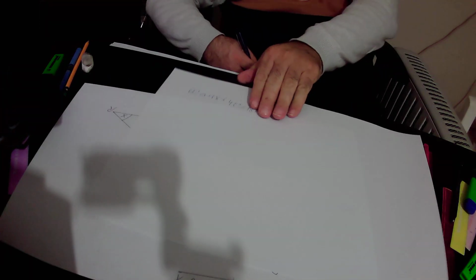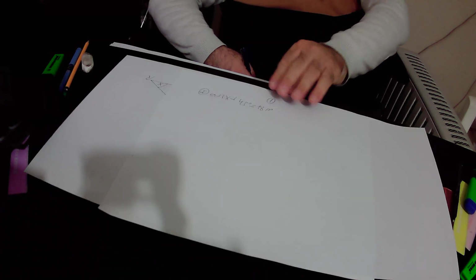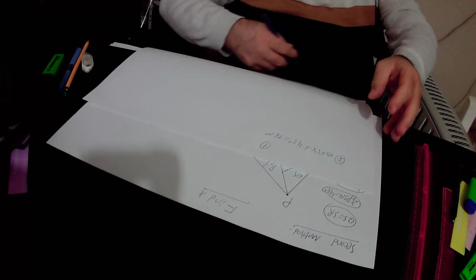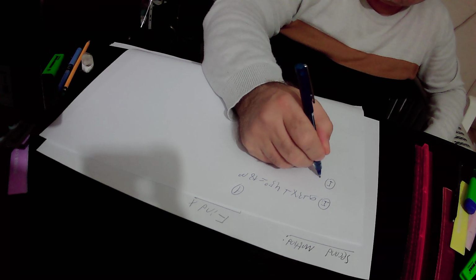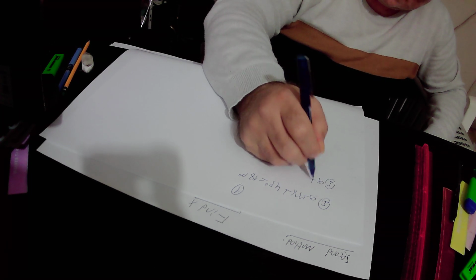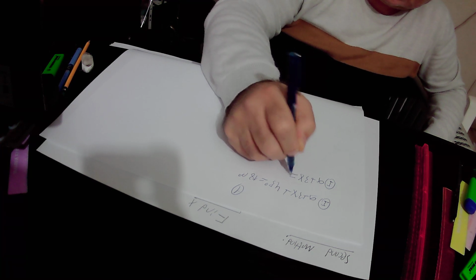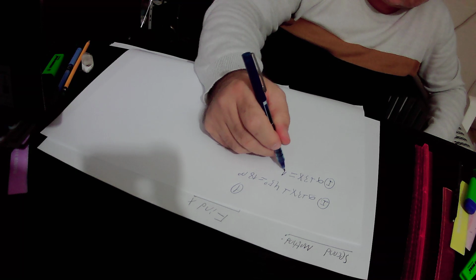Here we will subtract 45 degrees from equation number 1, and we will get that alpha plus 3x equals 180 degrees minus 45 degrees, which is 135 degrees.